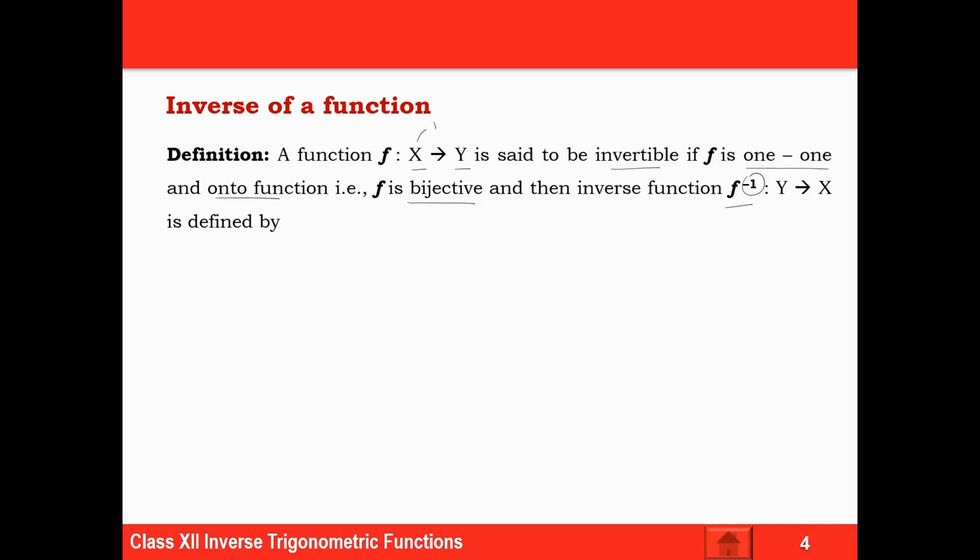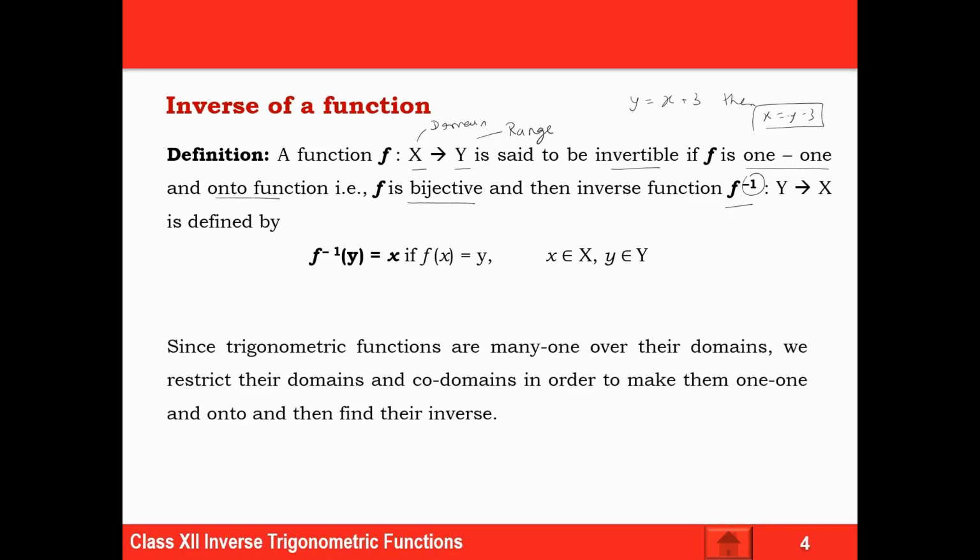That means this is the domain and this is the range if it is onto or bijective. So if we flip x and y, we get the inverse. In simple terms, if y is equal to x plus 3, then x is equal to y minus 3 is called its inverse. The remaining things we will discuss in detail in the chapter Relations and Functions.